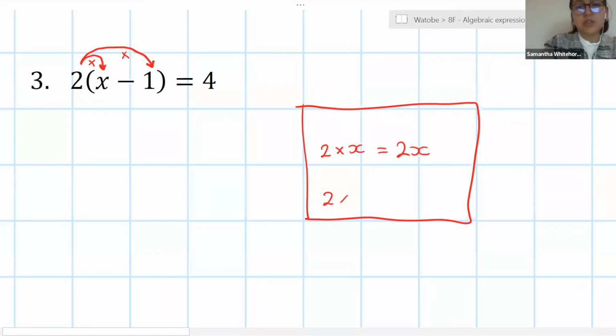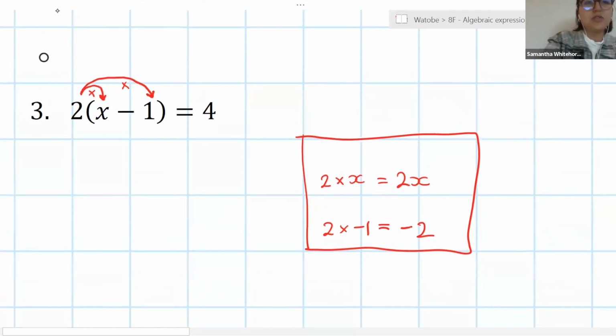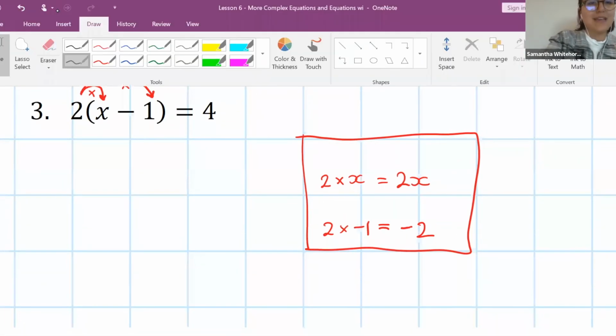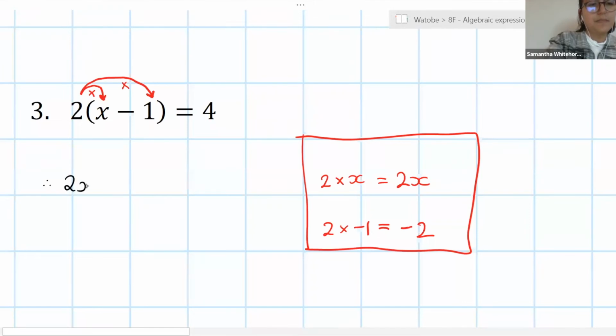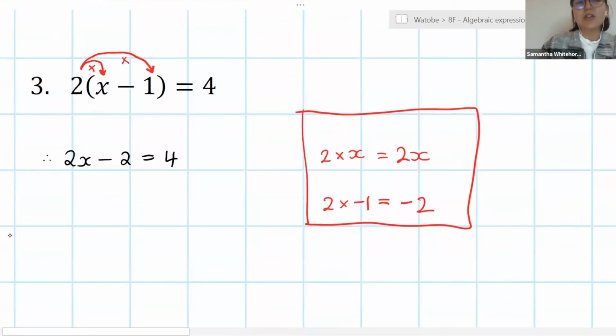And for 2 times negative 1, be careful of your signs, because a positive times a negative is a negative, so it's minus 2. Once I've done that distribution, I get 2x minus 2 is equal to 4. Now that looks like a much nicer equation that I can deal with.